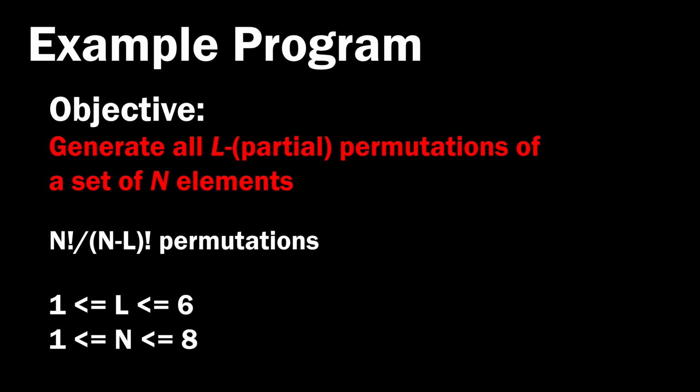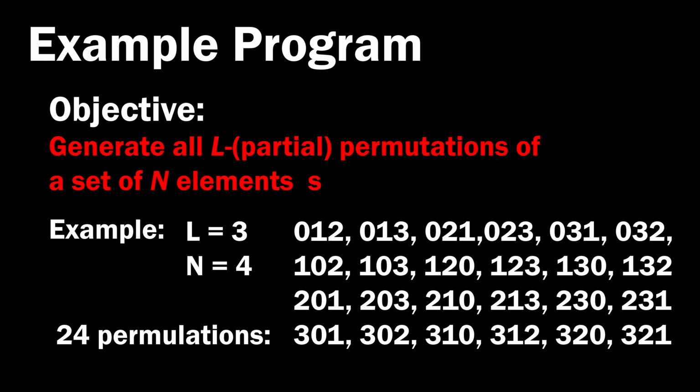For example, for a length 3 permutation of 4 values that are labeled 0 to 3, we would have 4 factorial divided by 4 minus 1 factorial, or 24 permutations shown here. Think of each of these values as having 3 slots.